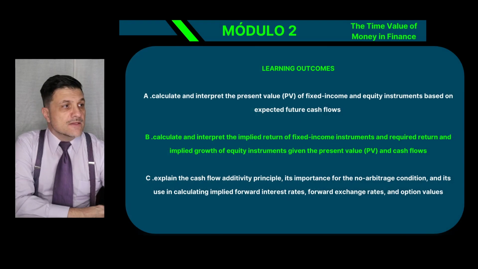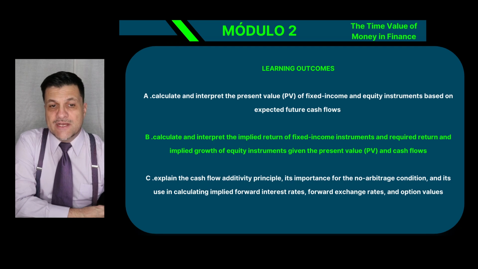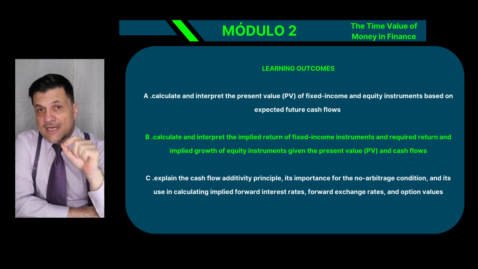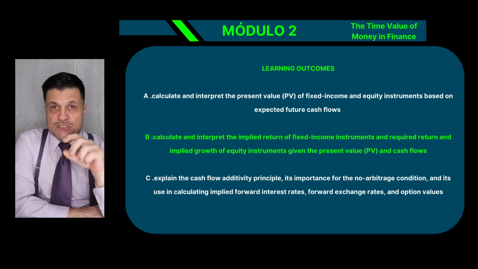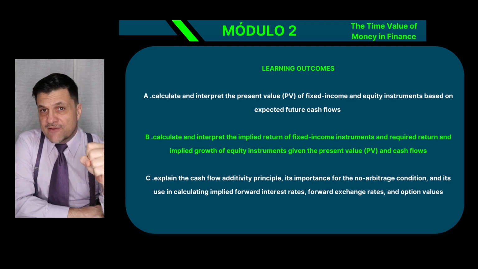So those are the learning outcomes here. Again, the first one: calculate the present value of fixed income and equity instruments. Let's stop. That's new. That's a new learning outcome here. Now, it's not deviating from TVM.